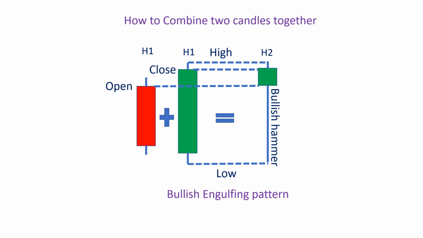And since we blend two 1 hour candles, the outcome is going to be a 2 hour candle. So if you see this bullish engulfing at the bottom of a downtrend, it suggests trend reversal, because the outcome of these two is nothing but a hammer.